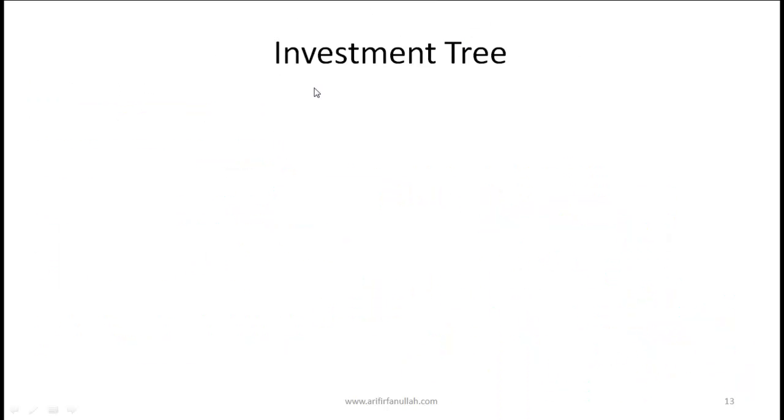Okay, another application of probability can be used in an investment tree. Let's take a small example. Let's say that there are two scenarios for our economy: either there will be a boom or a recession.